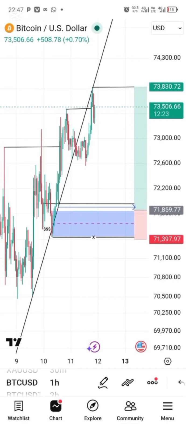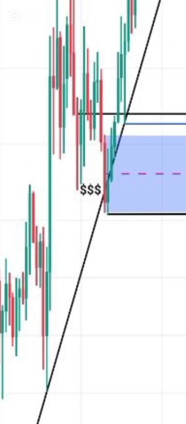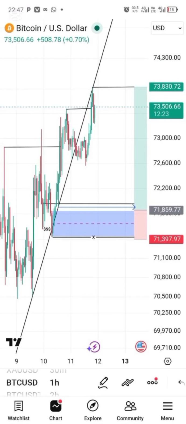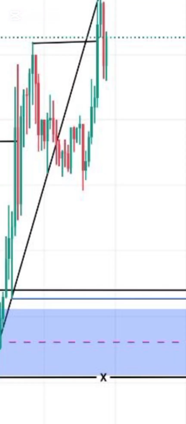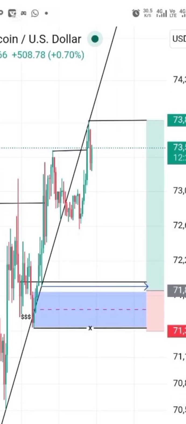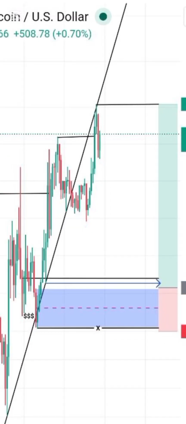Actually, when I was taking this price, I did consider this very OB. Yes, I did, but I said let this guy be the inducement since price has already broken structure here again. So I said let this one be the inducement and let me take this price from here.